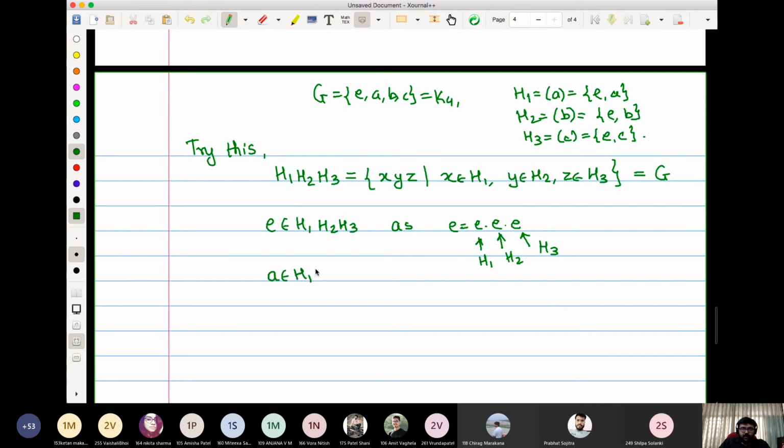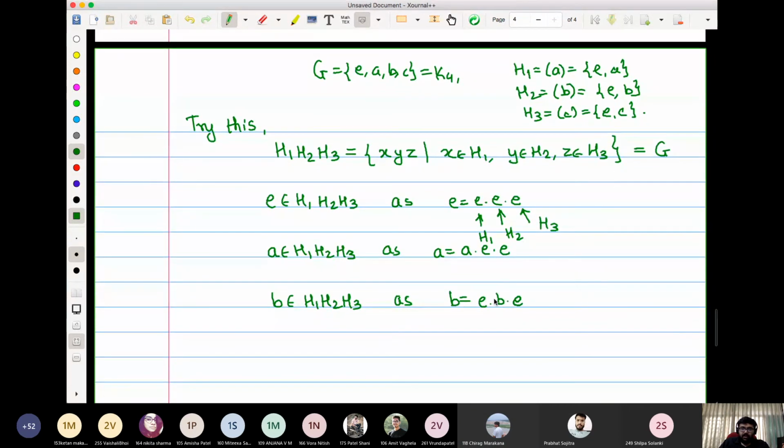What about A? Can I say that A belongs to H1, H2, H3? Yes, because A equals A, E, E. A is in H1, E is in H2, and E is in H3. What about B? Yes, we can write E, B, E. B is in H2, so the middle one.